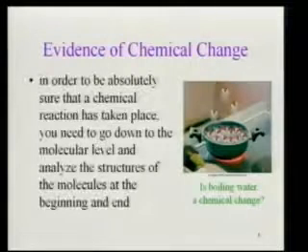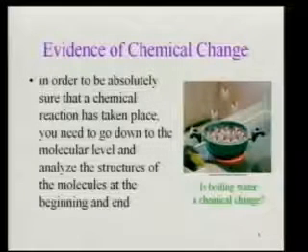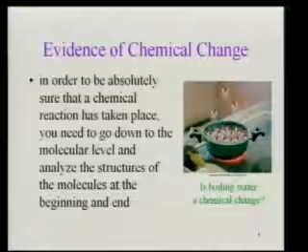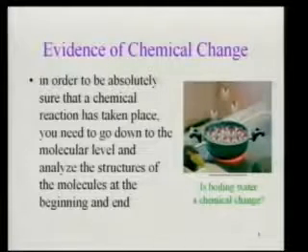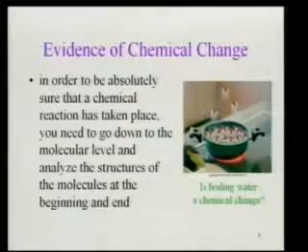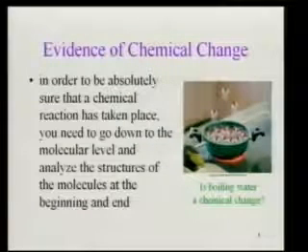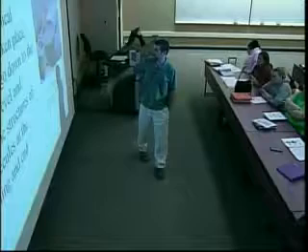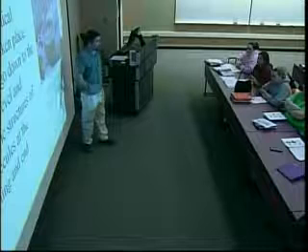Now the thing is, though, to be absolutely sure that a chemical change has taken place, what you have to do as a chemist, or a chemistry student at least, is to analyze what's going on at a molecular level. Okay? For example, when you crank up the heat on a pot of boiling water, there's some steam.